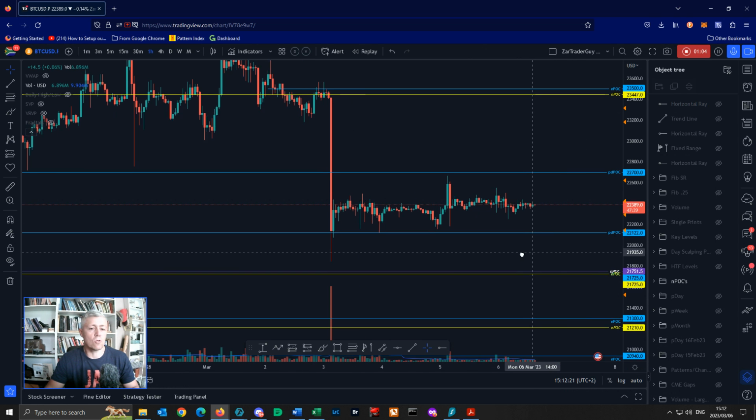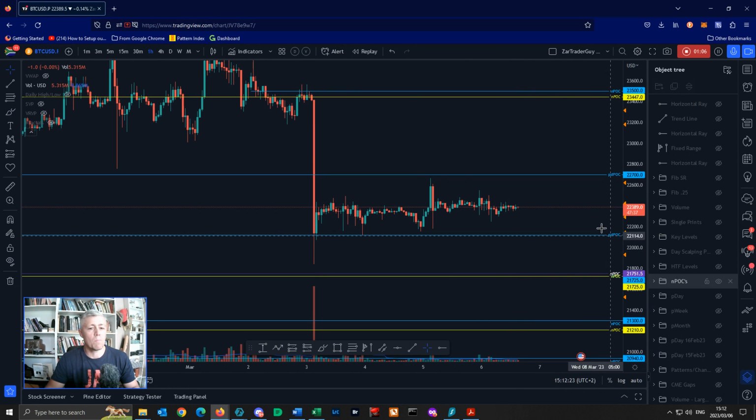And that's exactly what happened. Why this $22,100 area? Because it is an nPOC. You can see on my chart, I've relabeled it to PDPOC, which is a previous day POC. I'm just keeping it there on my chart as a reminder that that is acting as a support at the moment. You can see these wicks coming down, touching. We've actually not come down to touch it there.